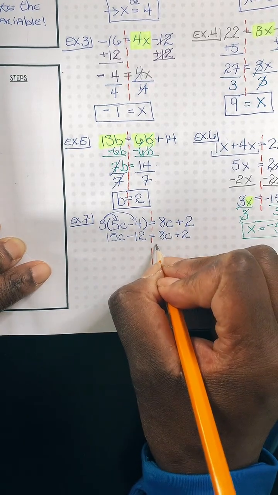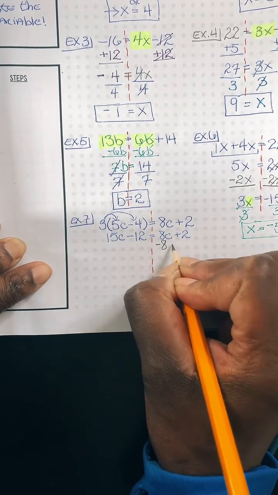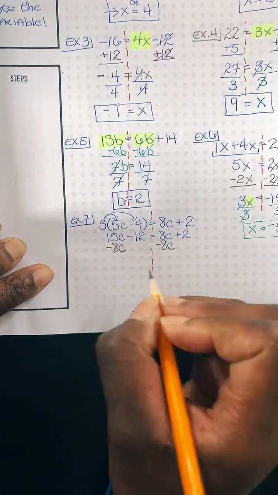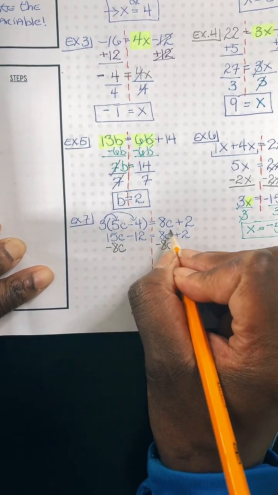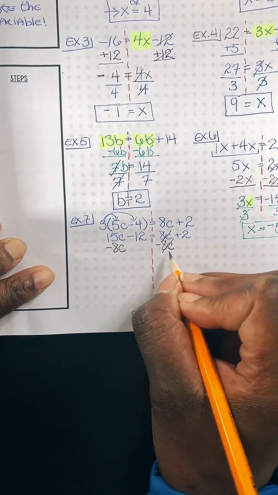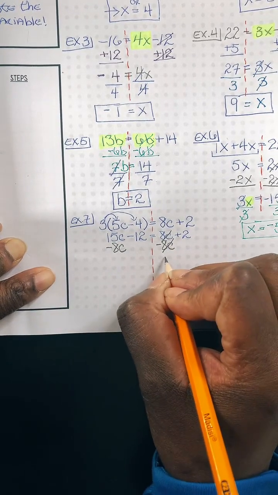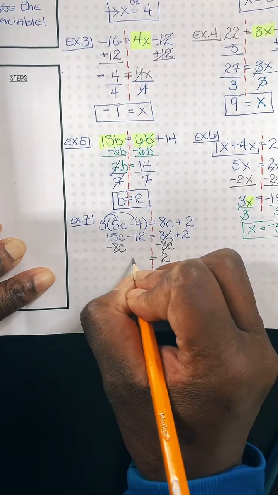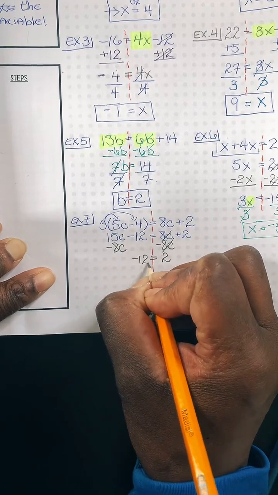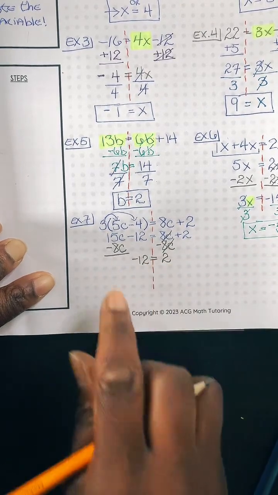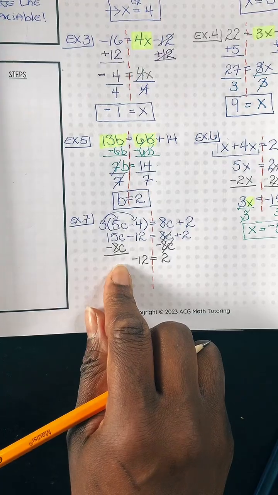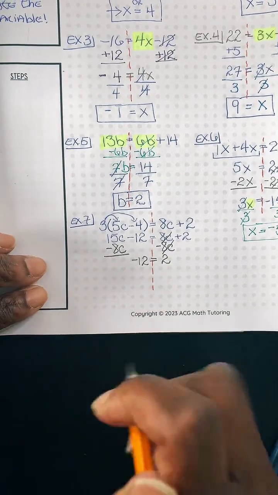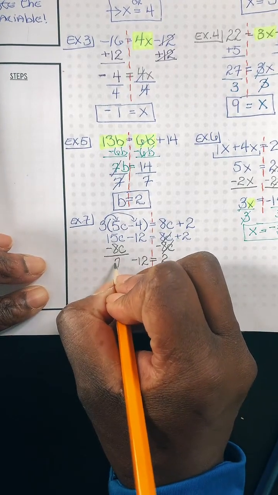The opposite of positive is negative. So I'm going to subtract 8c on both sides. So 8c minus 8c cancels out, gives me 0, which I can write down the 2 that's left, the equals, the negative 12, and then I have to do my subtraction of my 15 minus 8. So 15 minus 8 will give me my 7c.